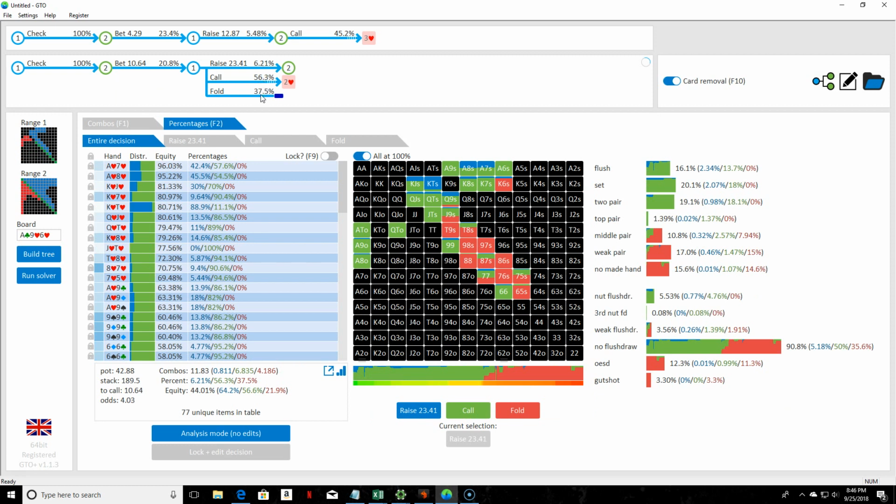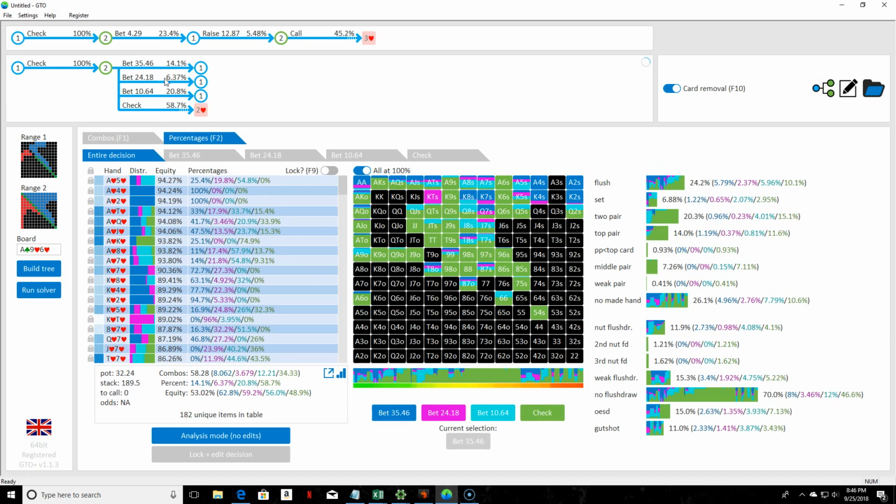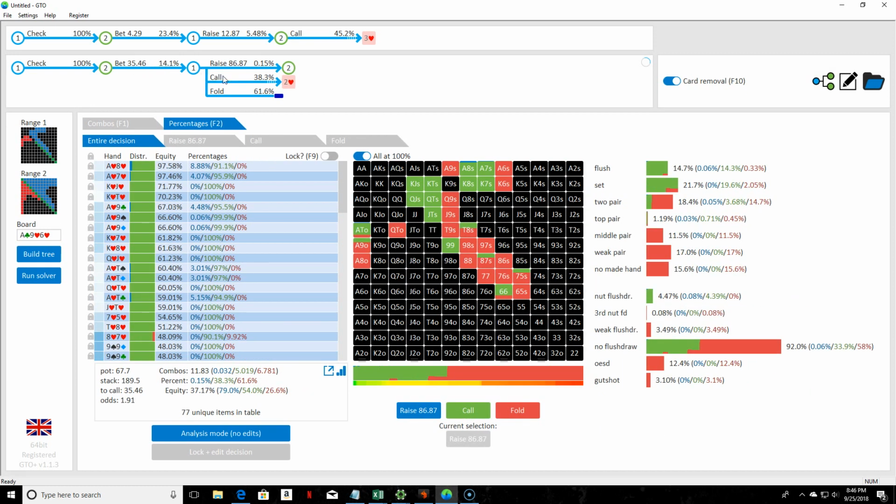Which makes a lot of sense, because now they're getting better odds to call. So that's interesting, the difference between overbetting. Of course when we overbet, they're only calling 38%. And their calls are mostly flushes and sets and some 2 pairs. And they're not flush draws. You can see they're calling there too.